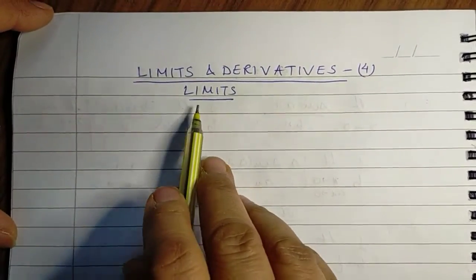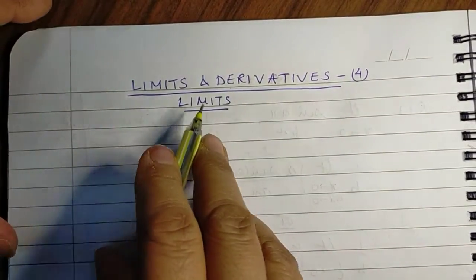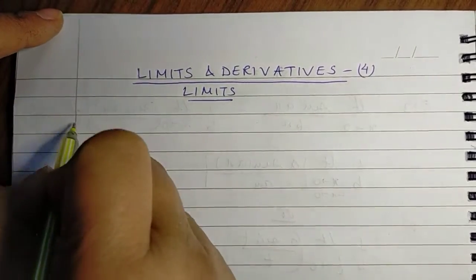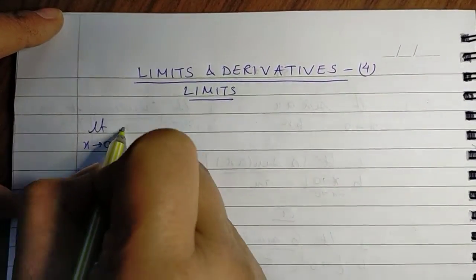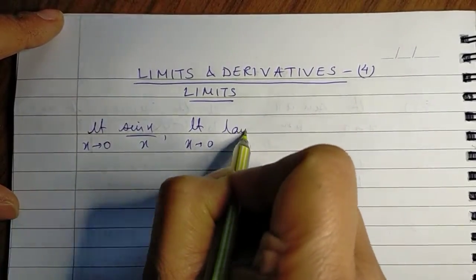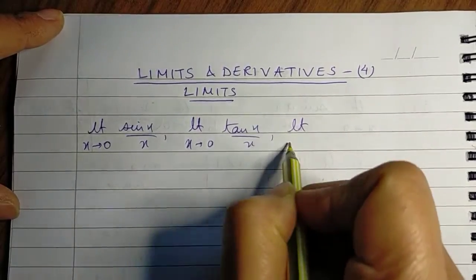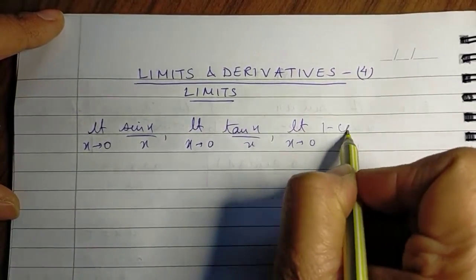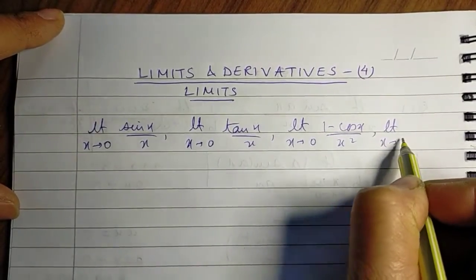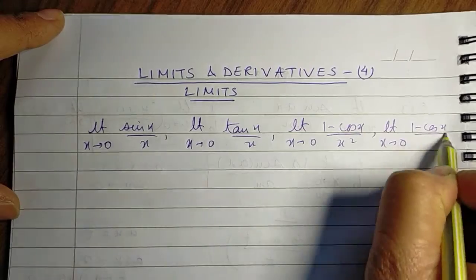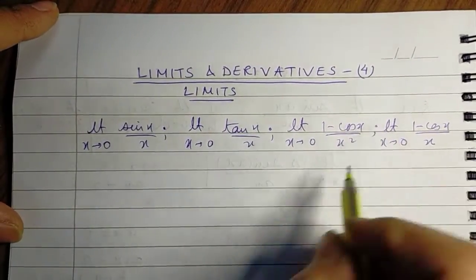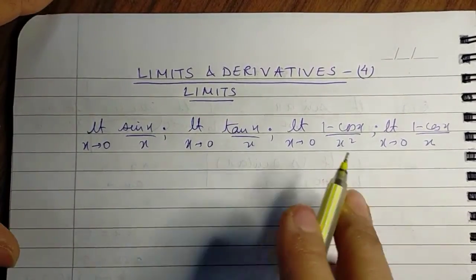In my previous video, I had discussed the limits of trigonometric functions and we had basically studied limits of the kind limit x tending to 0 sin x over x, limit x tending to 0 tan x over x, limit x tending to 0 1 minus cos x over x squared, and limit x tending to 0 1 minus cos x over x.